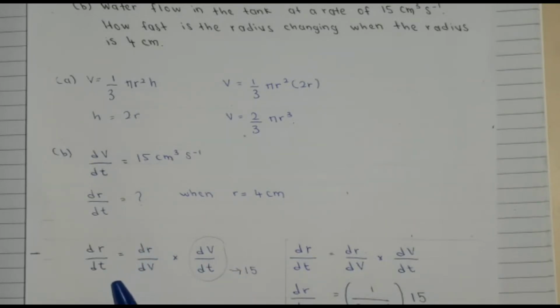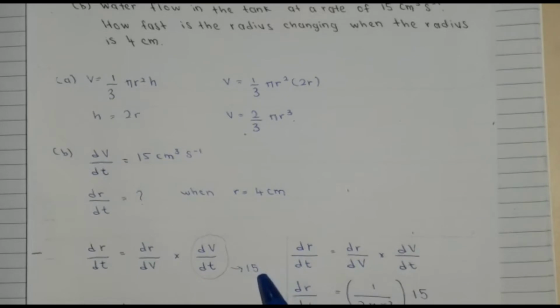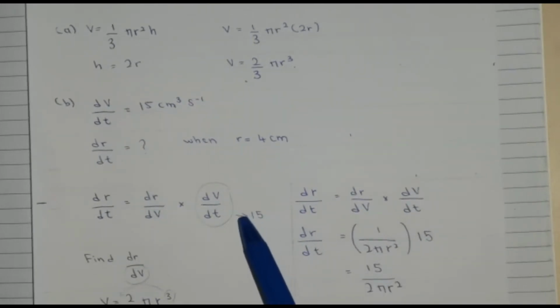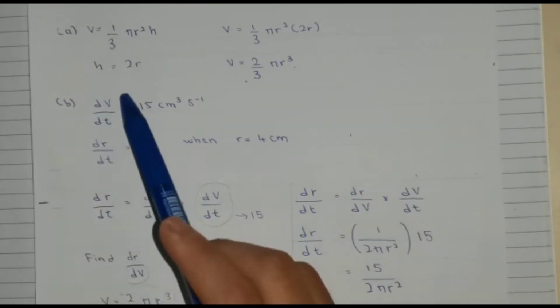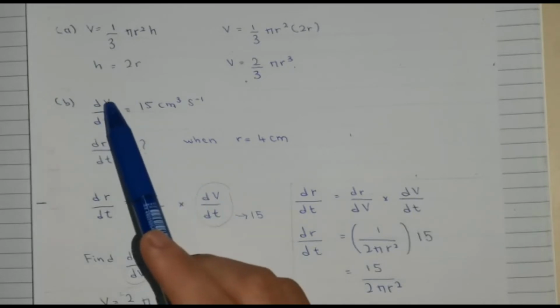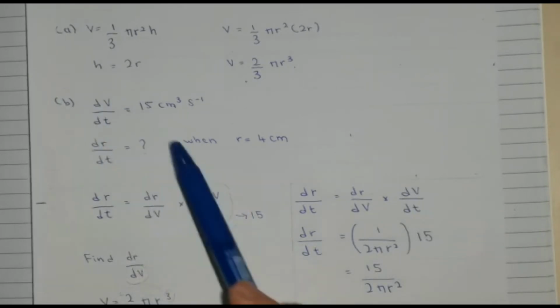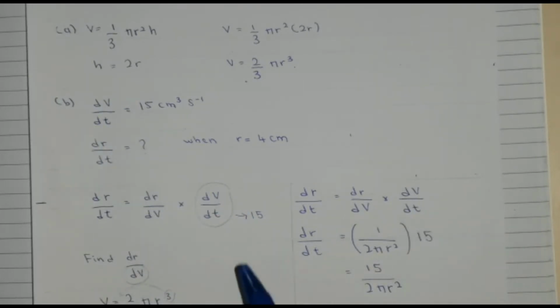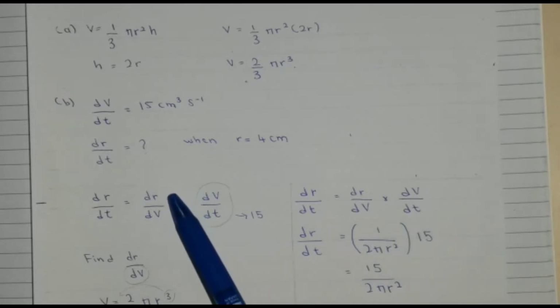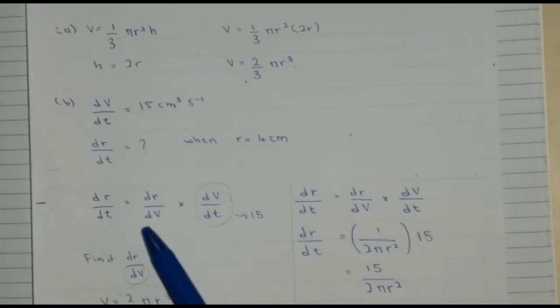To build an equation easily, we put 1 dr here and 1 dt here. Refer to the information that you already have. You have a value for dv over dt, so we put 1 dv here and 1 dv here. dv over dt is equal to 15. But we don't have a value for dr over dv, so we must find a value for dr over dv.